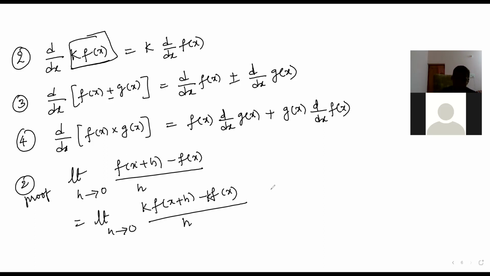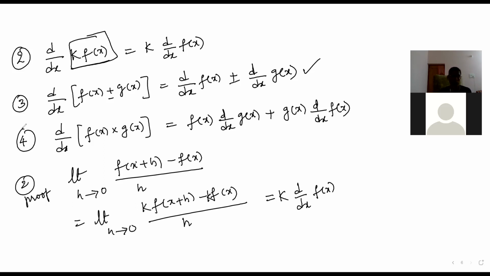Simply k comes common. K into the remaining, which is d by dx of f of x. Simple, like that only.